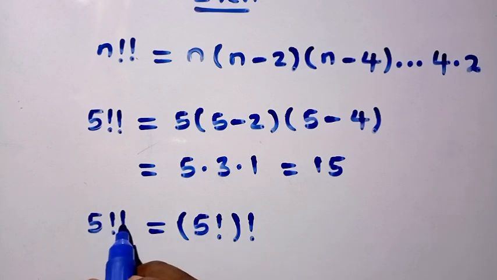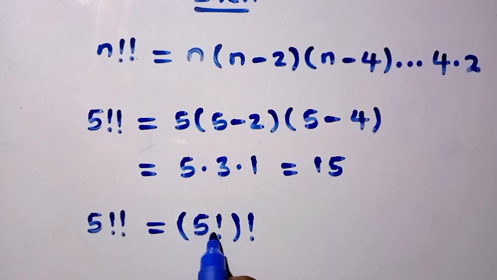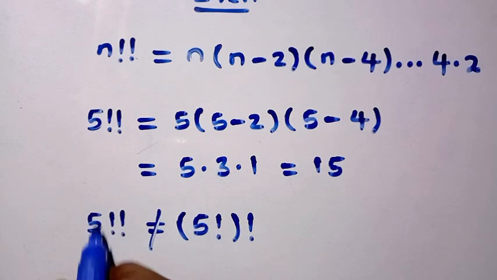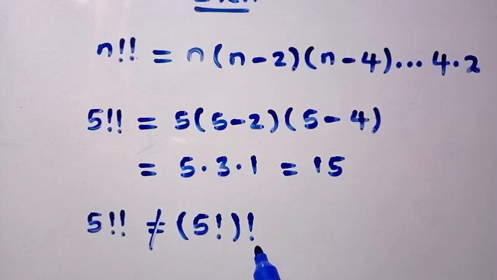So 5 factorial factorial is not equal to 5 factorial multiplied by 5 factorials. Because in the concept of only one factorial, we keep subtracting 1 from it, and for the double factorial, we keep subtracting 2. It depends on whether the number we are given is odd or even.